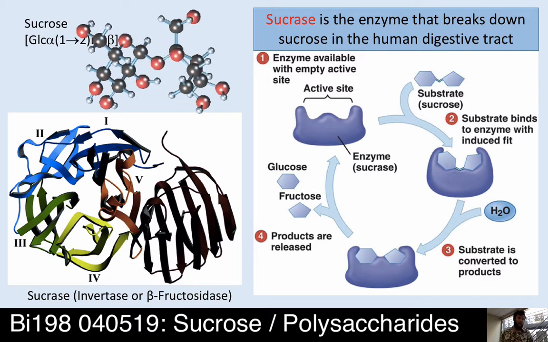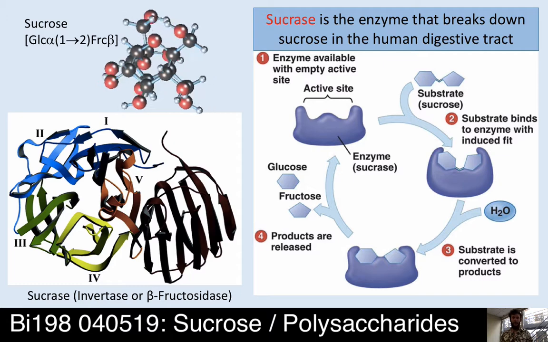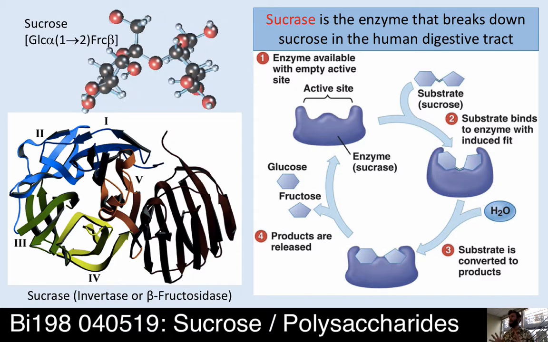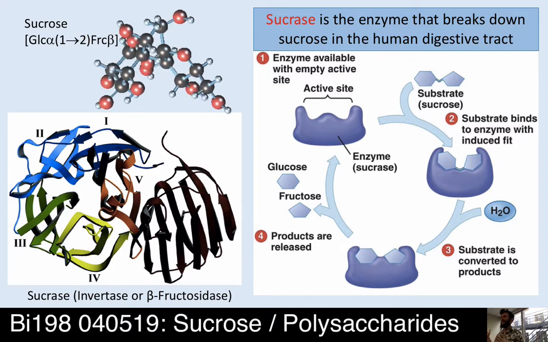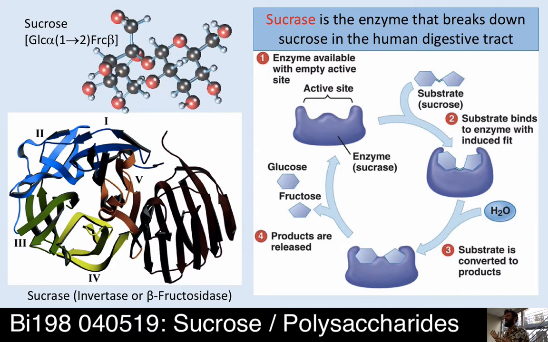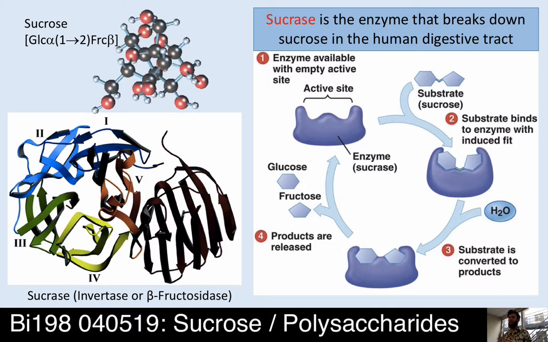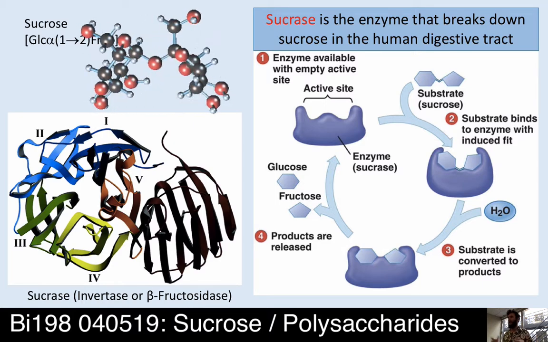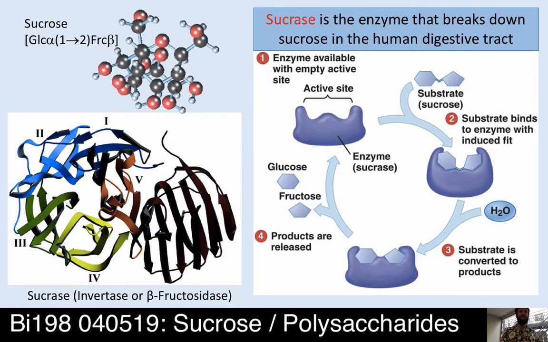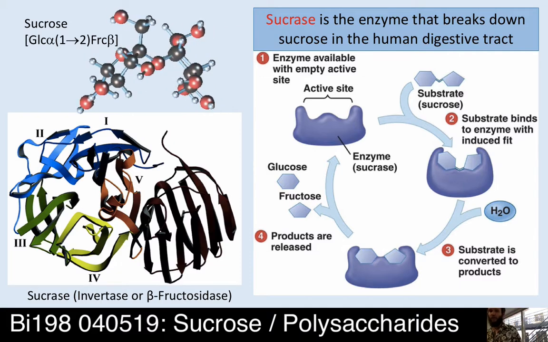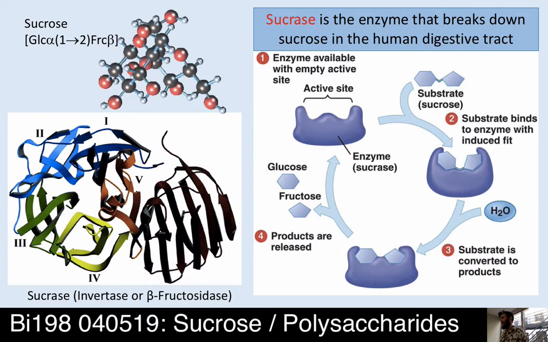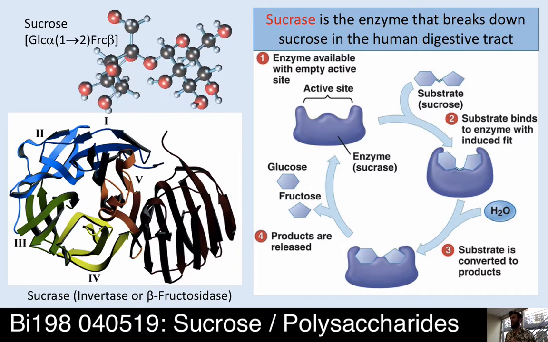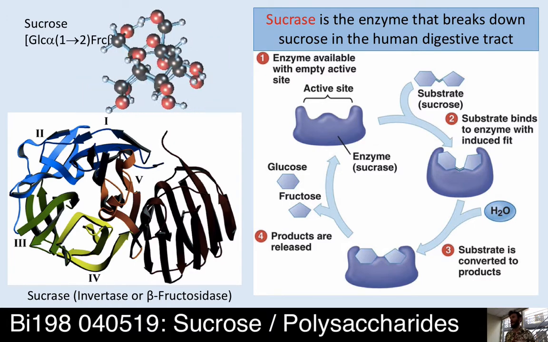So sucrase is the enzyme. In general, when you're seeing a word in biochemistry where the last 3 letters are ASE, it means it's some kind of an enzyme that's going to catalyze something. So sucrase is an enzyme that breaks down sucrose. And it's just the same as the model that I showed you for lactase.